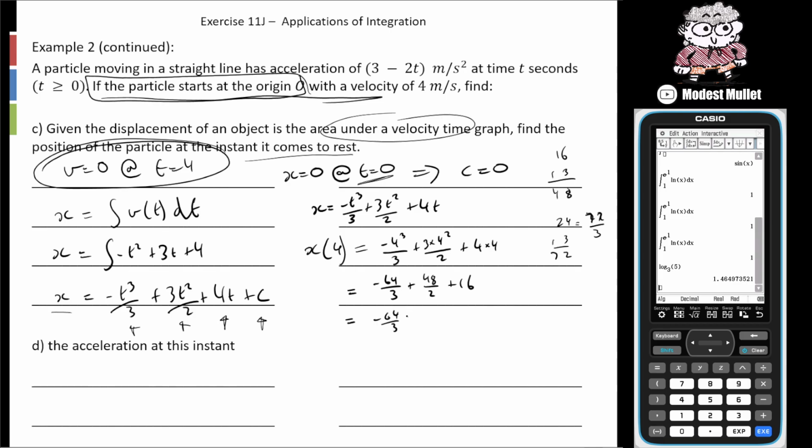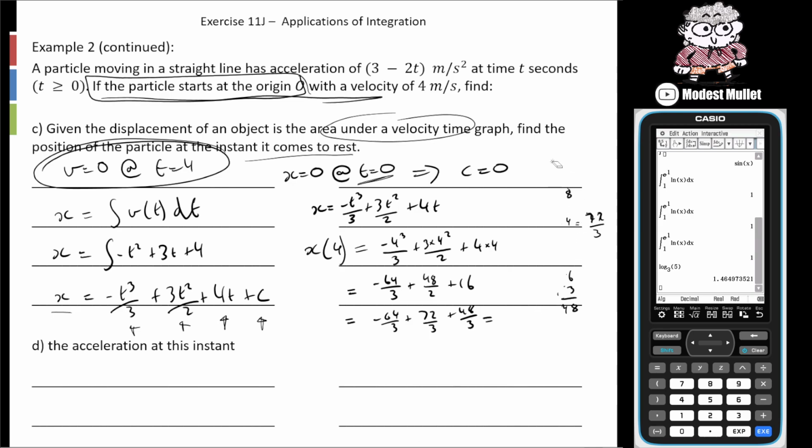Negative 64 on 3 plus 72 on 3, plus 16 times by 3, which is 48, so plus 48 on 3.